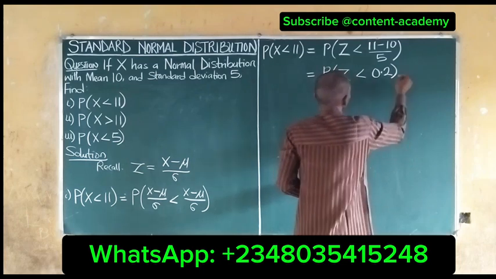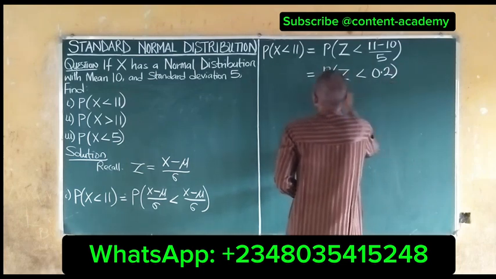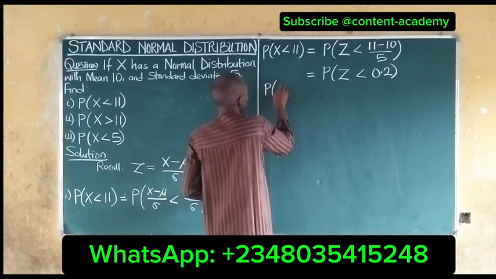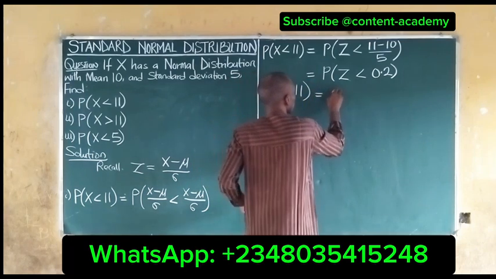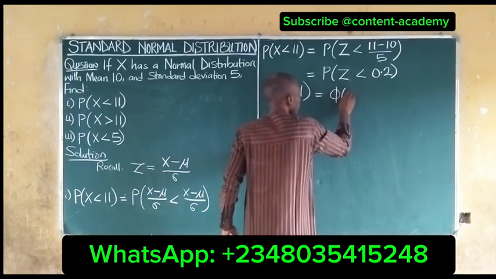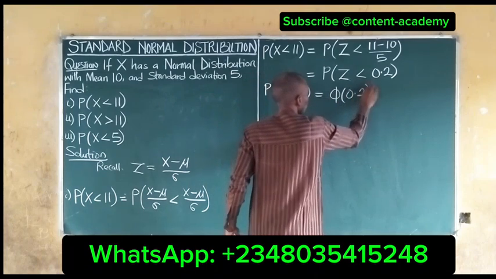Now we can simply write our probability of X is less than 11 to be equal to our curve, 0.2.